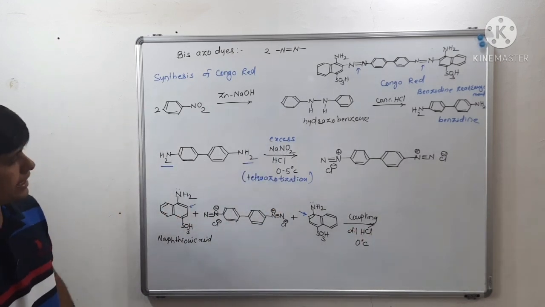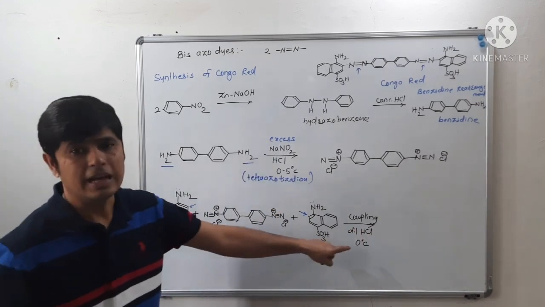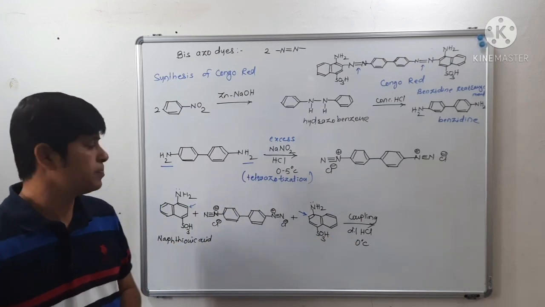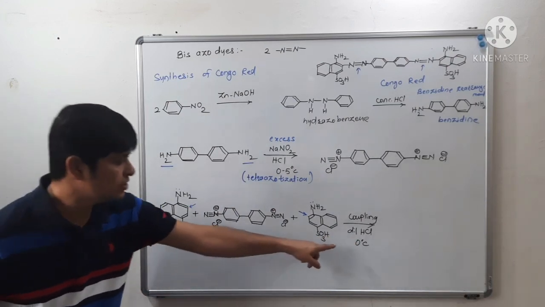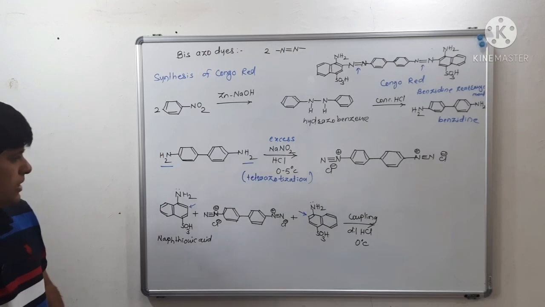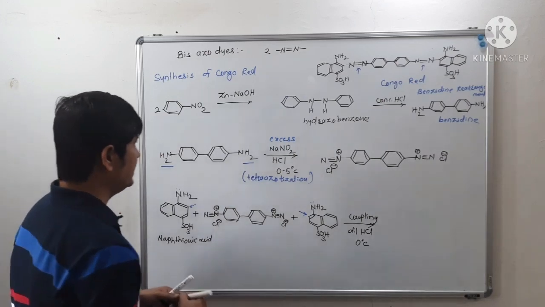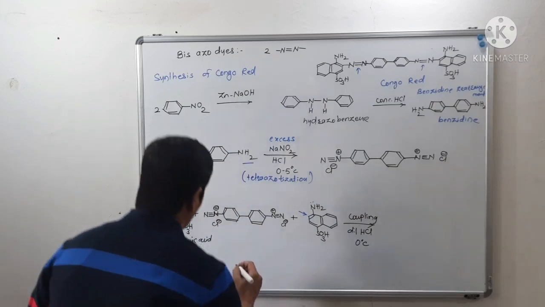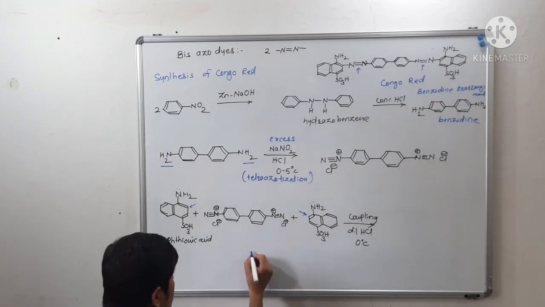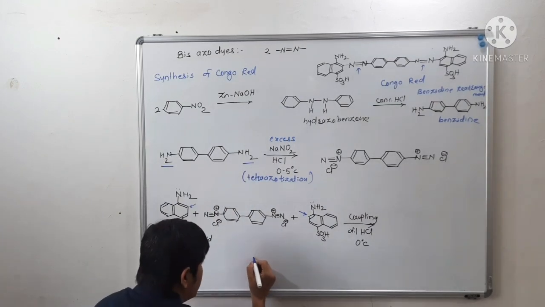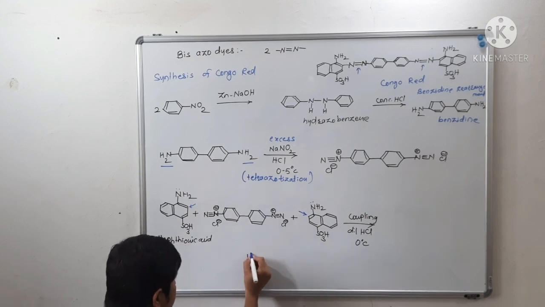That is, in acidic medium this coupling will take place to get Congo Red dye. So Congo Red dye we will get like this. I will write the structure of Congo Red here.